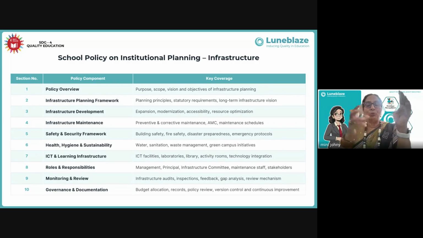And our school has very good technology, we say. So our vision should have future-ready, eco-friendly, and technologically advanced infrastructure. And we should always think about benchmark quality education through world-class facilities.